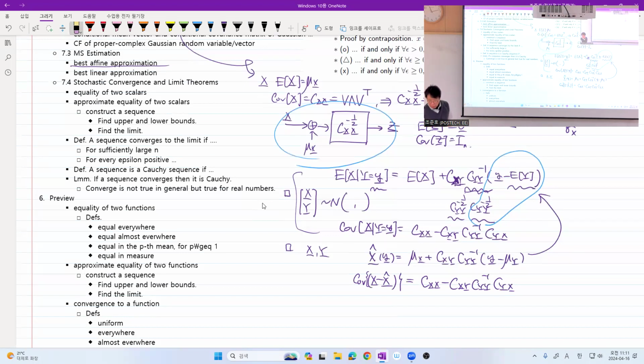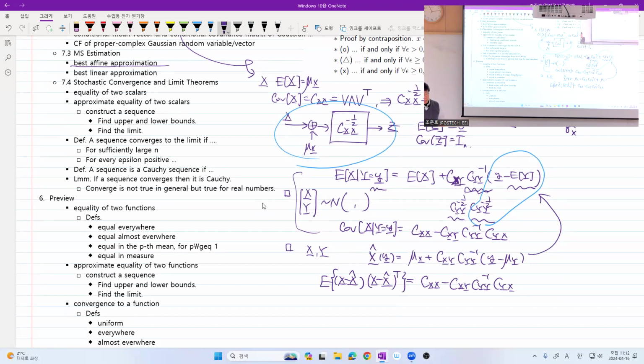I'd better say not covariance, but the error covariance matrix. Okay, so this is a kind of performance measure of our affine estimator. By the way, if we stick to linearity, not affineness, then we may have a different form. Okay, so be careful. A best affine approximation is not necessarily equal to the best linear approximation.